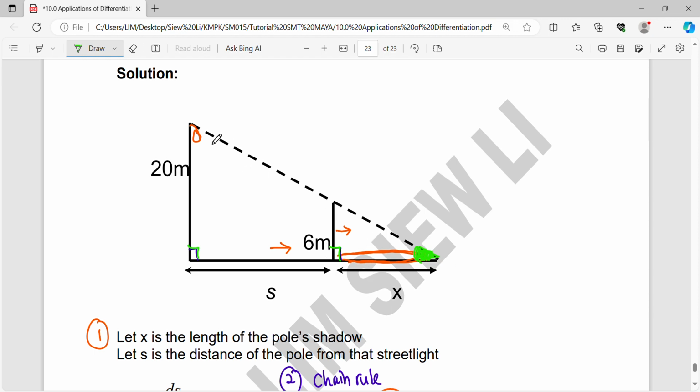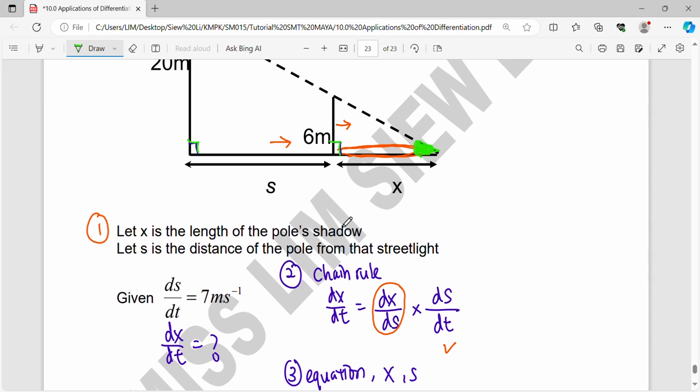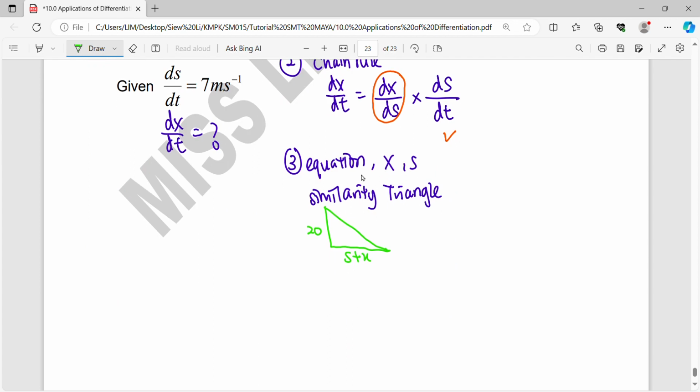So the big triangle has base s plus x, height 20. This is our big triangle. The smaller one has base x, height 6. So this is the similarity of the triangles.